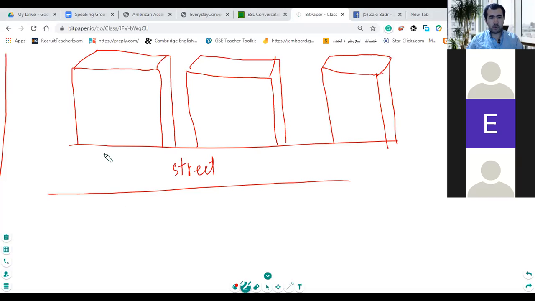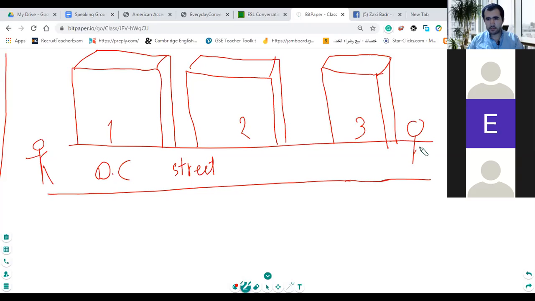So you go 3 blocks. This is Washington Street, Washington or DC, whatever. Here's the person. He's going 3 blocks. 1, 2, 3. So he's here now. Turn right. Let's see what he's going to do in the conversation.